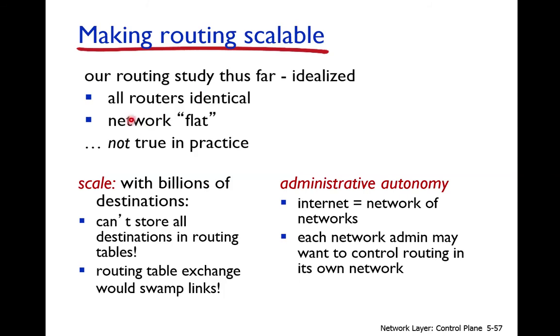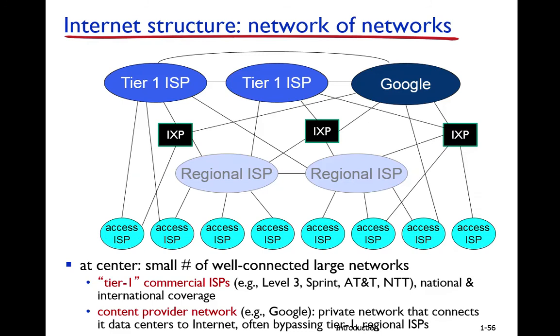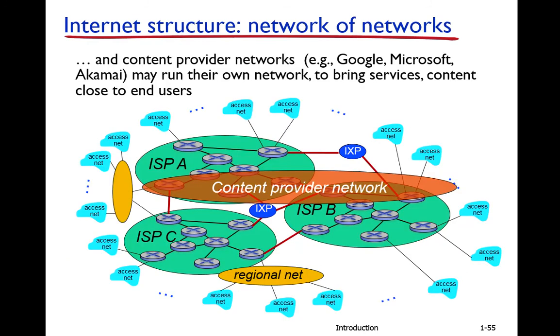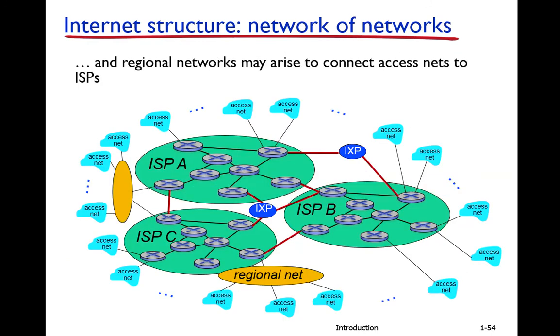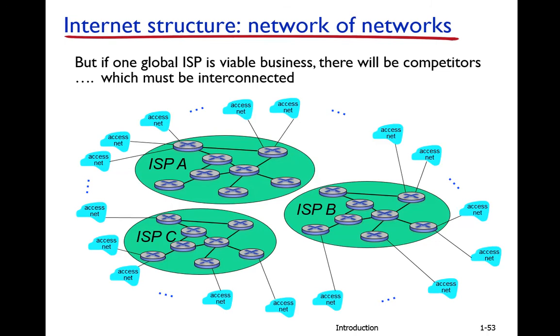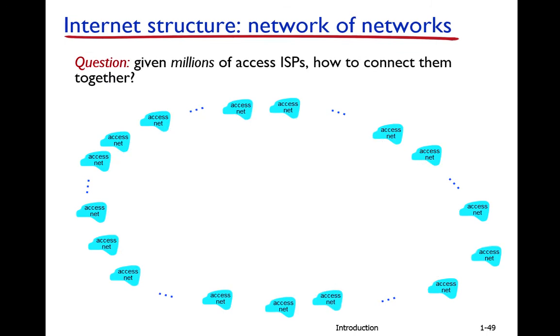This network structure is called a flat network. It is a flat network, but in practice it is not true, like I had explained to you. Why? Because as we have discussed, we don't have just one structure like this.